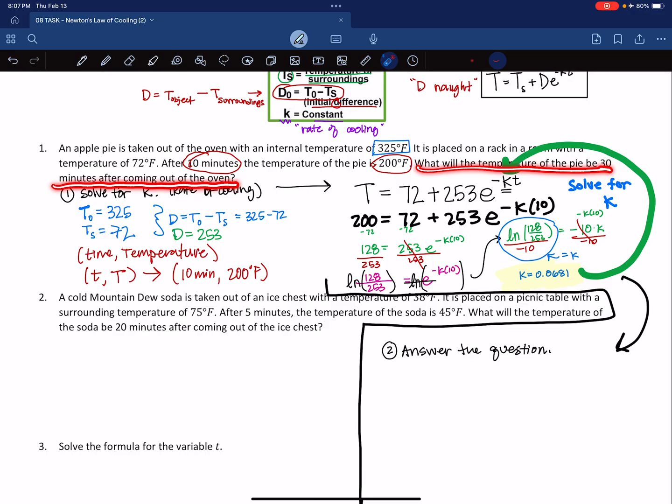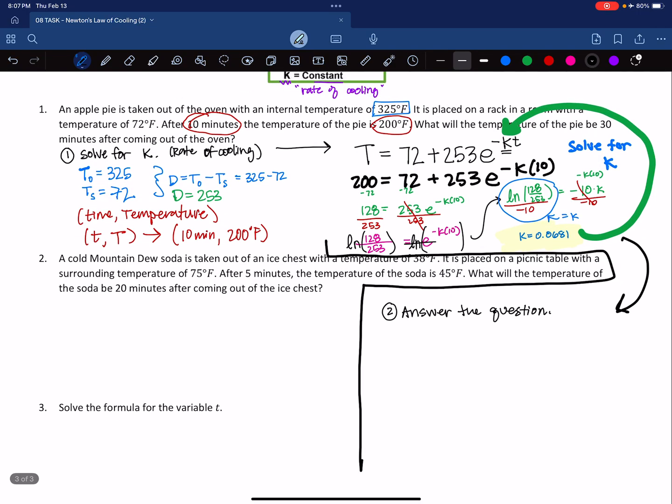So we need to solve for temperature, big T, and we know little t, 30 minutes. Let's set up our completed model. T for temperature is 72 plus 253e to the negative, plug in k, 0.0681, little t multiplied by t. Okay, plug in 30 minutes.